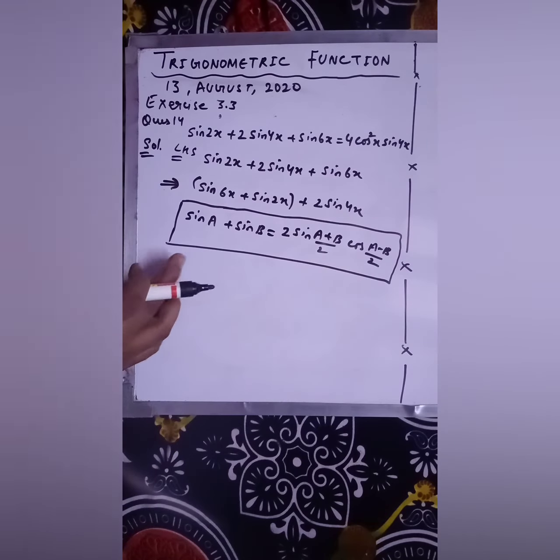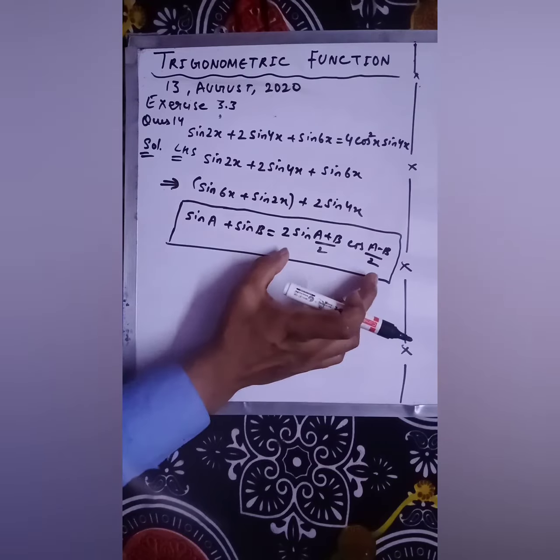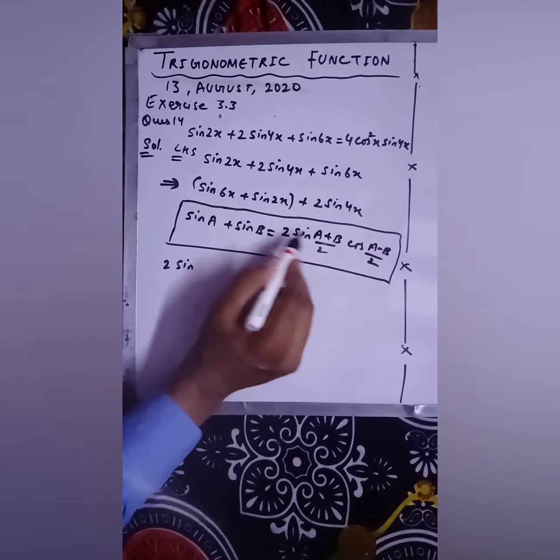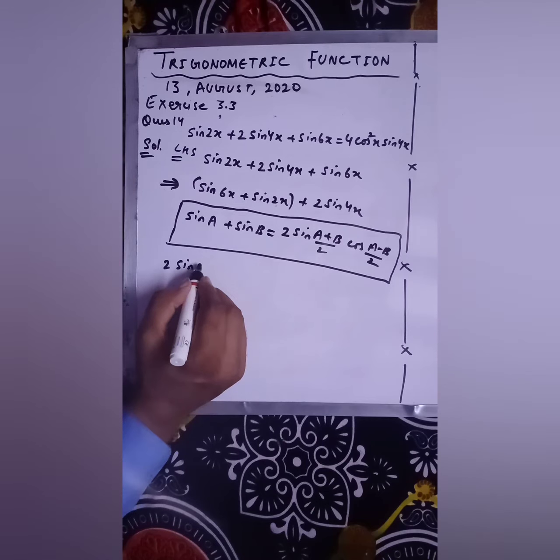So this is your general formula which you will use here. So this would be 2 sine, your A is 6x, your B is 2x. So 6x plus 2x, that is 8x, 8x upon 2, that would be 4x.